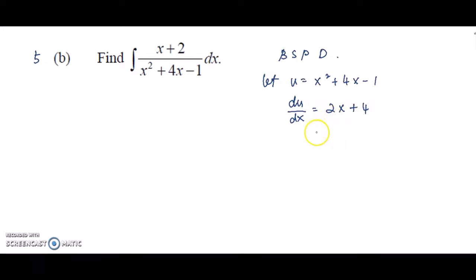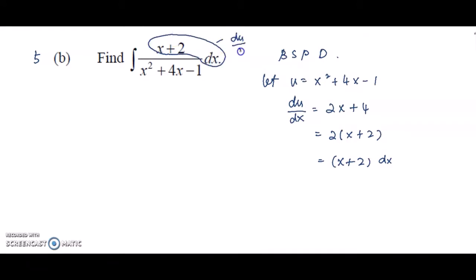So 2x plus 4, if you take out the 2, you can see that you have 2 multiplied by x plus 2. And then later on, you can see that the x plus 2 combined with the dx, I bring up the dx to the right.